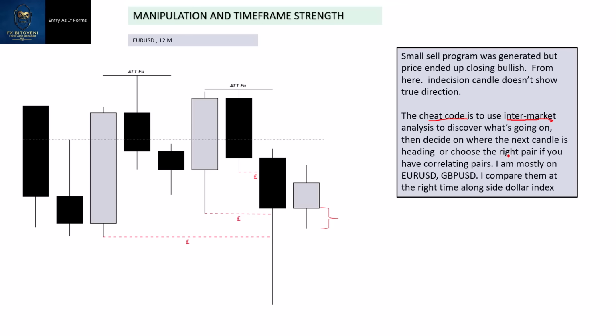For me personally, I'm mostly on Euro USD and GBP USD, and I compare them at the right time alongside the dollar index, right? One of them is going to give you an idea of where the market is likely to go.